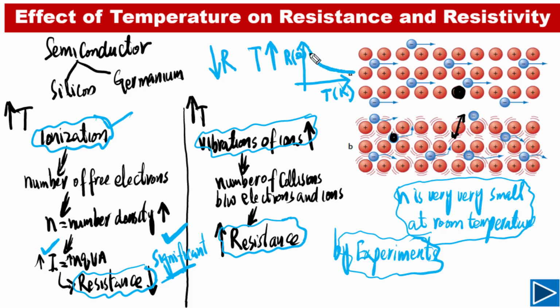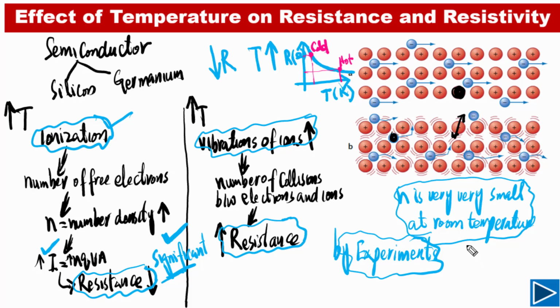You can see it is decreasing. When the semiconductor is cold, it has very high resistance. But when it is hot, the resistance is lower. This is what you need to understand about semiconductors. I hope it is clear.